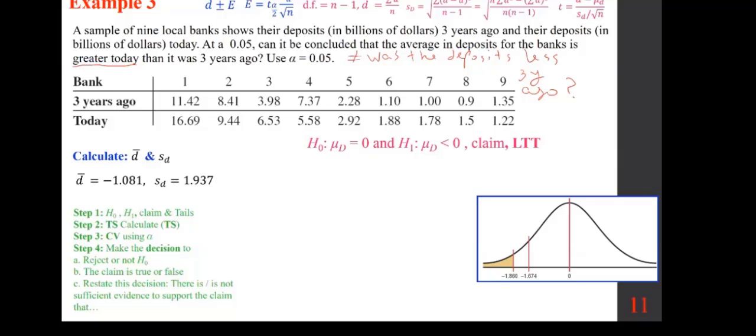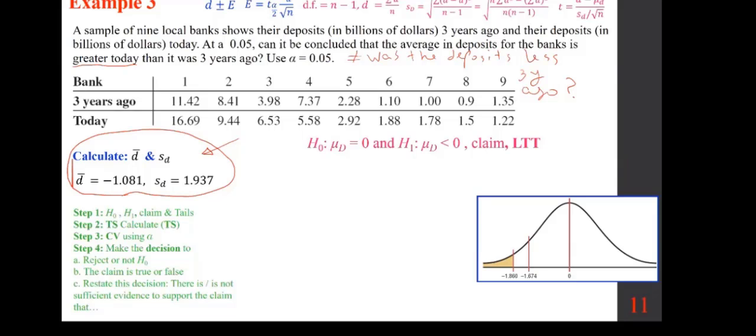If we do it the other way around, then we have to calculate it for the case where mu sub d is larger than 0. I want to make sure everybody understands that one too. If you go with greater than, what happens to your calculation? Can anybody tell me what would be the difference in this calculation if we go with today minus 3 years ago instead of 3 years ago minus today?